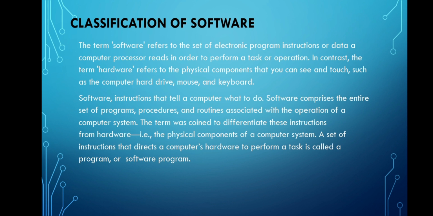Software comprises the entire set of programs, procedures, and routines associated with the operation of a computer system. The term was coined to differentiate these instructions from hardware, the physical components of a computer system. A set of instructions that directs a computer's hardware to perform a task is called a program or software program.